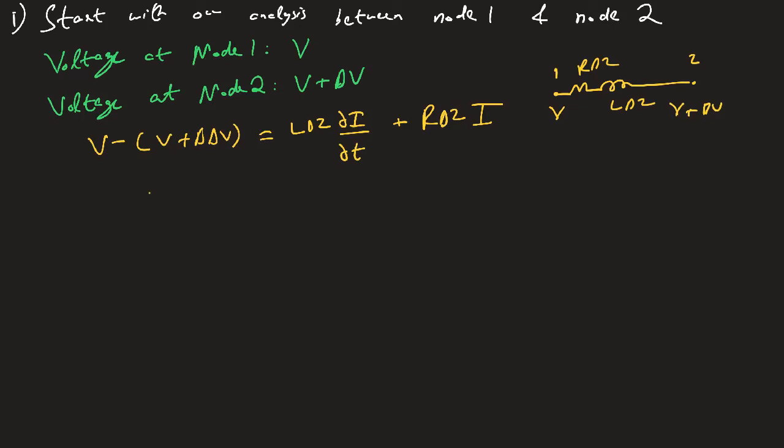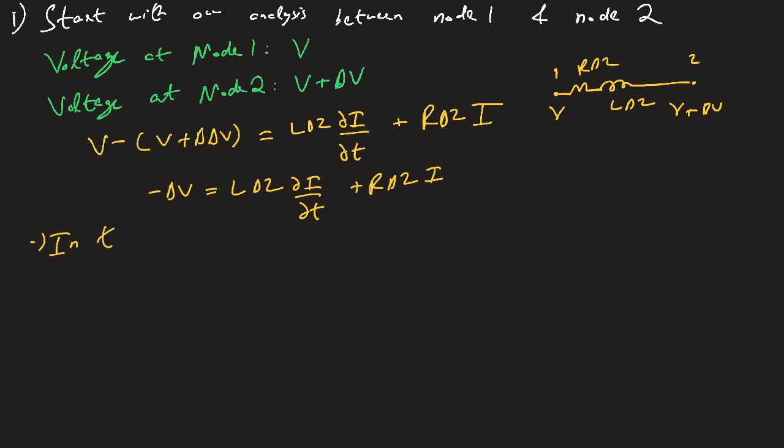Now this can be further simplified as minus delta V becomes equal to L delta Z partial I by partial T plus R delta Z times I.